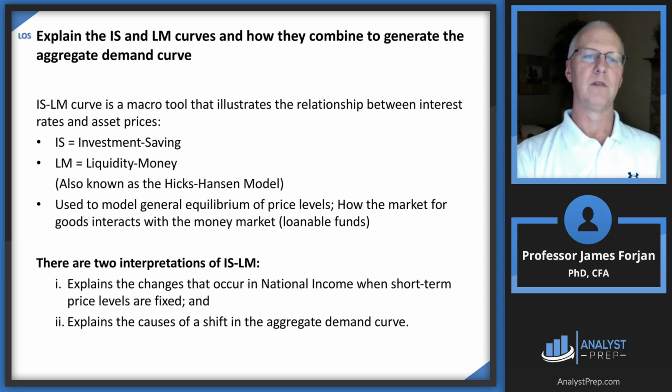I want you to think of the IS relationship as our choice between saving and investing that is done on a personal level and demanded by things like household budgets. You know, in our family, we spend lots of money on things like food.